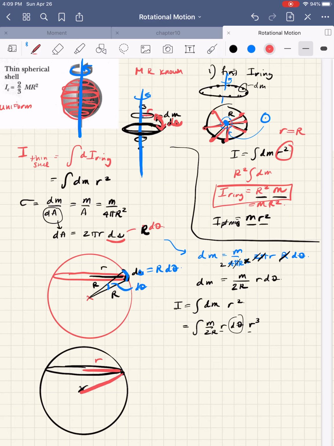But here is the radius of the circle. And here is theta that I'm going to be integrating over. I'm starting from here at the top, from theta equals 0 all the way to theta equals pi. And so theta equals 0 to theta equals pi will incorporate all of the rings to make the full shell.